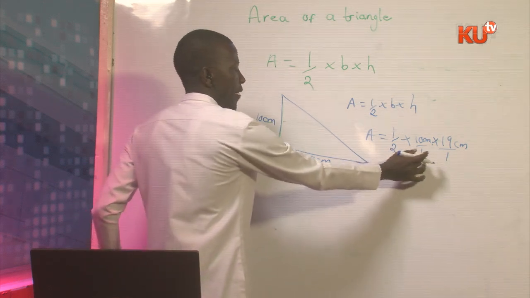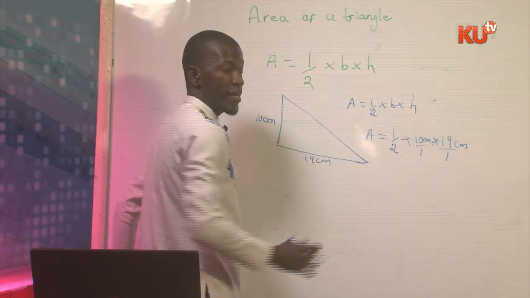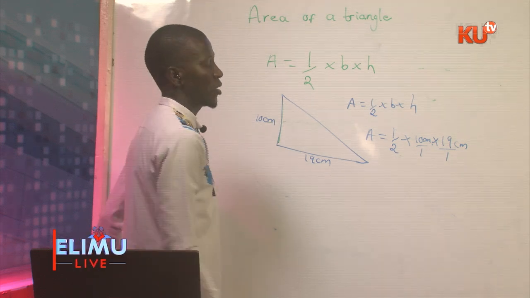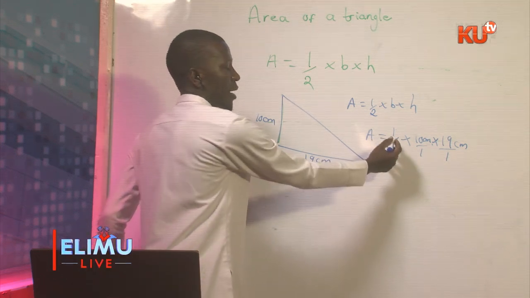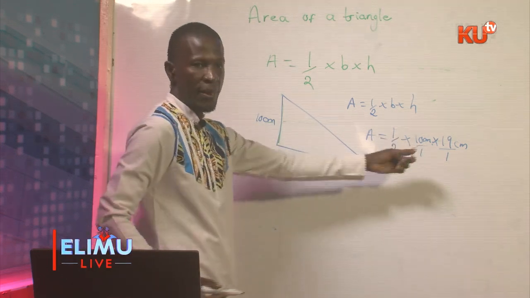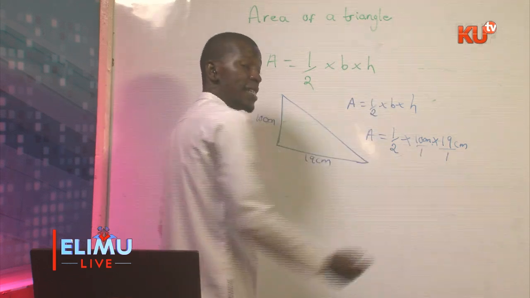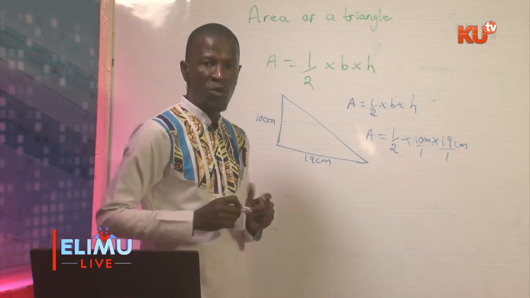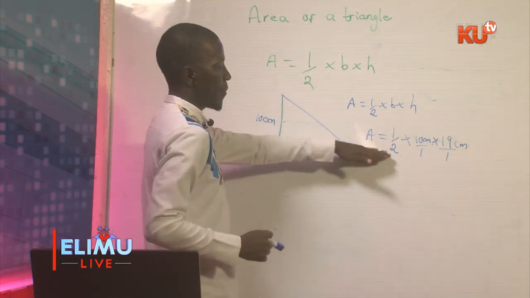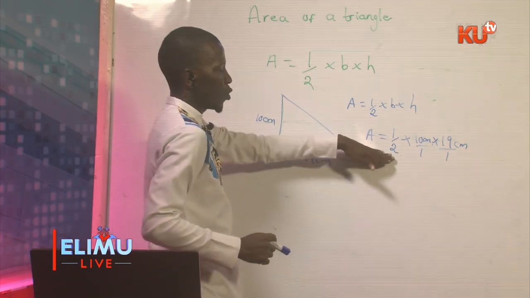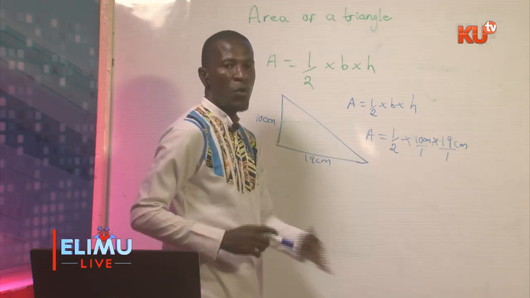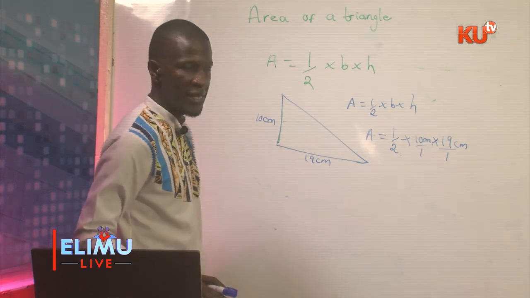Now, I have said one of the ways is by simplification. So you look for a number in the numerator, the numbers on the top: 1, 10, 19. We call them numerators. Then the numbers down here, that is 2, 1, 1, we call them denominators.